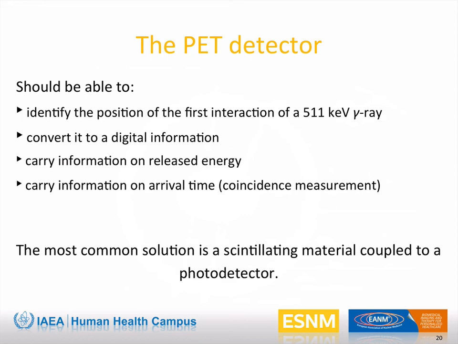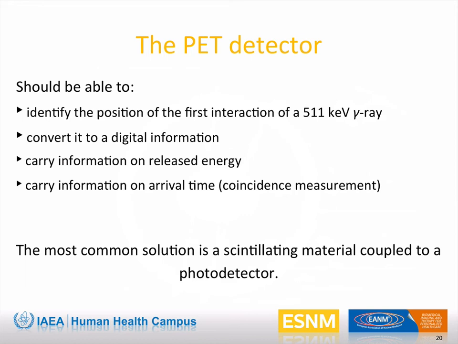Hence, the ideal PET detector must be able to identify the position of the first interaction of a gamma ray in the detector itself, to measure the energy released in the interaction or in the series of interactions, and to carry information on the arrival time, at least for making the coincidence measurement possible, as we will see later. Various detector technologies can be used to provide all of this information.